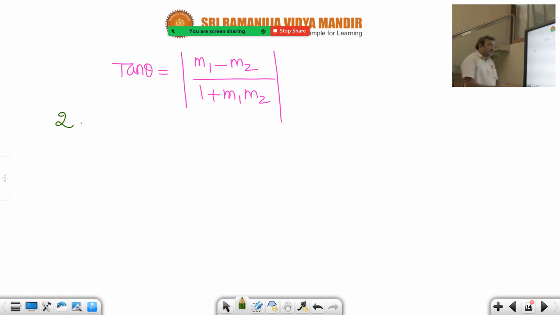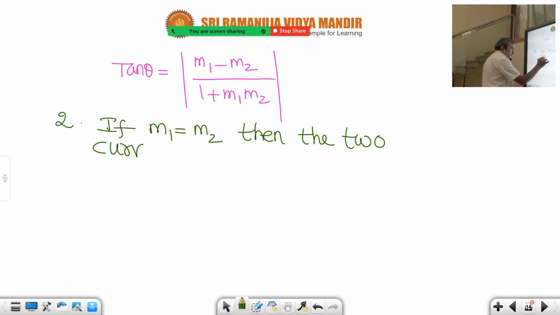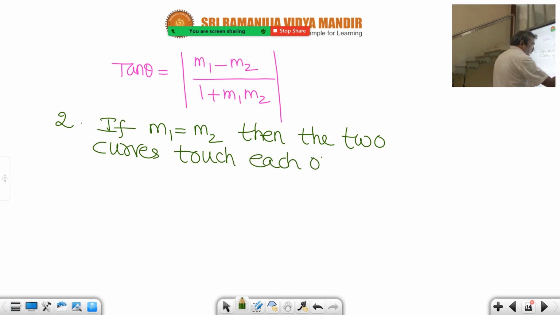If m1 is equal to m2, then the two curves touch each other.